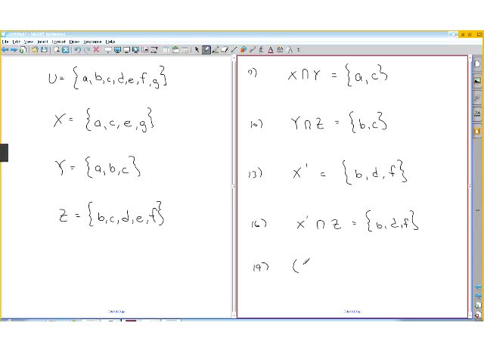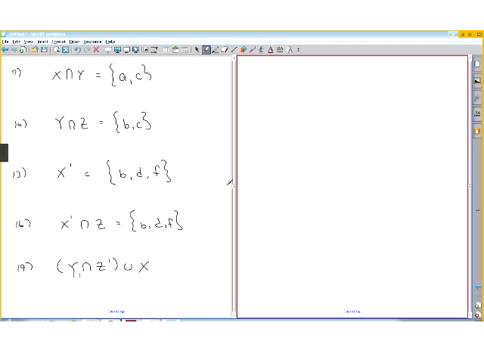Okay, 19: we take Y intersected with Z prime, which is the complement of Z, and then we take that union with X. Before we do this part, we have to find out what Z prime is.